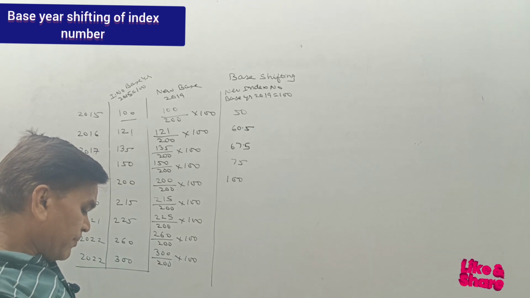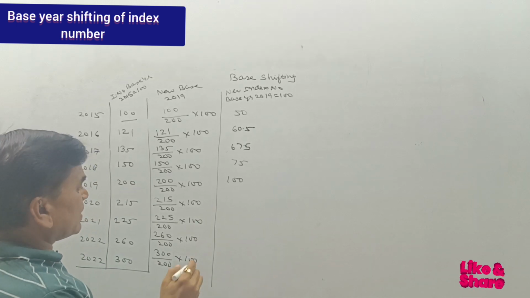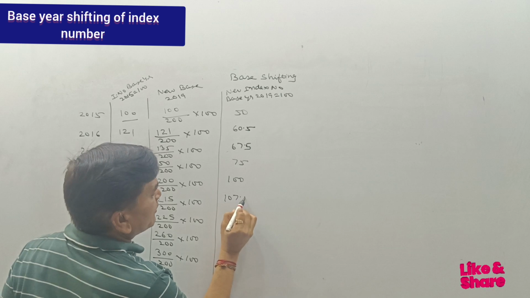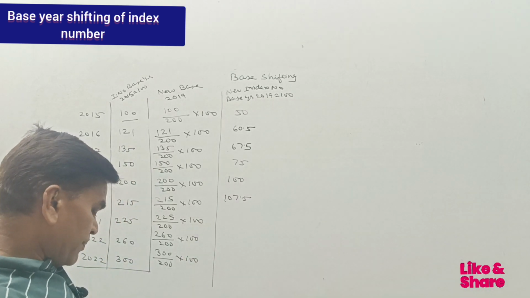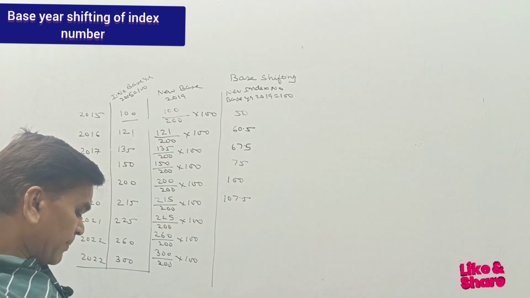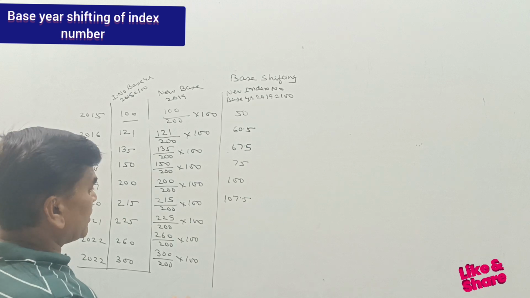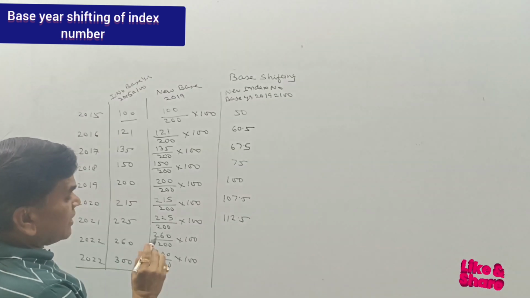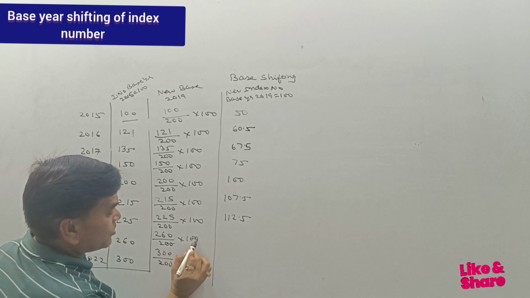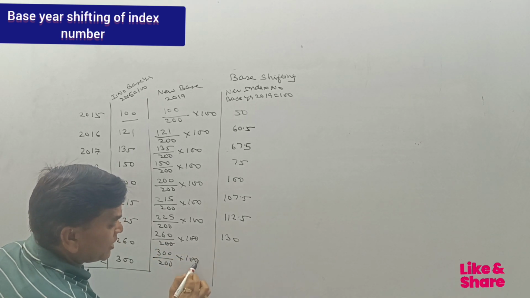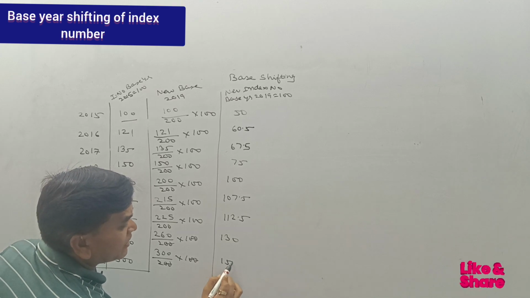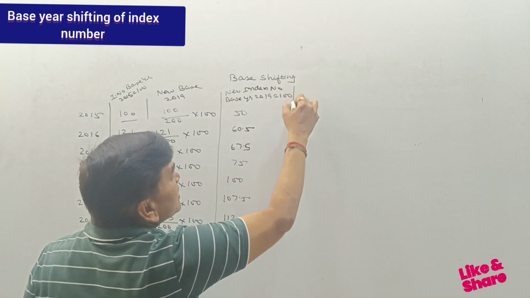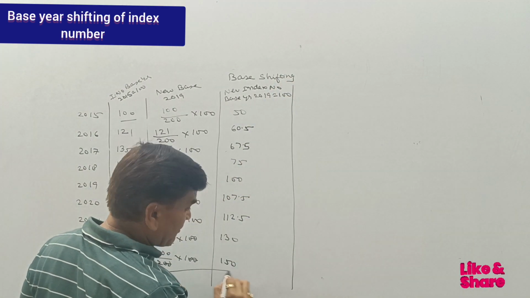Then 215 divided by 200 multiplied by 100 is 107.5. 225 divided by 200 multiplied by 100 is 112.5. Now 260 divided by 200 multiplied by 100 is 130, and 300 divided by 200 multiplied by 100 is 150. In this way we can shift our index number.